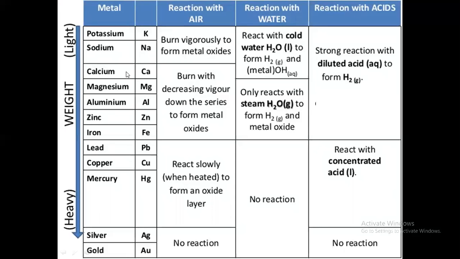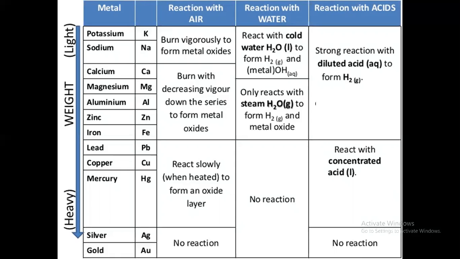Then if you see in the list, calcium, magnesium, aluminium, zinc, and iron burn with decreasing vigor down the series, right? Then magnesium, aluminium, zinc, iron, they only react with steam. They do not react with cold water, they react with steam.